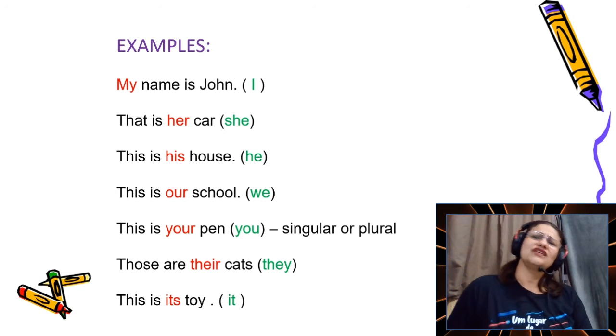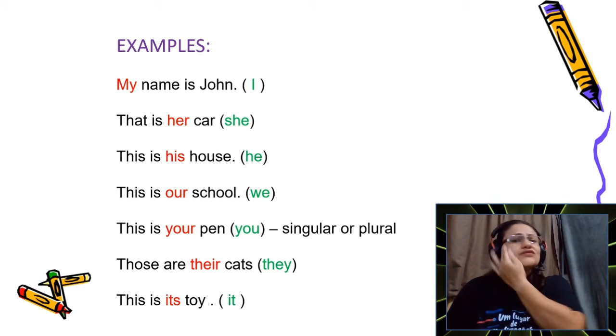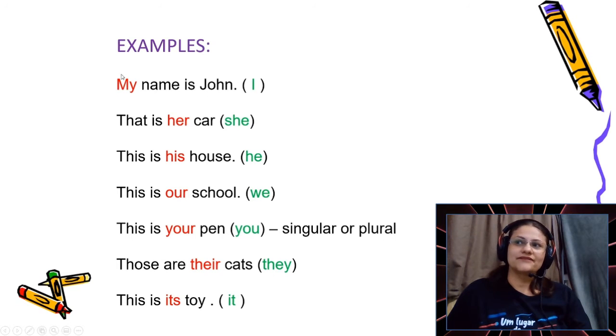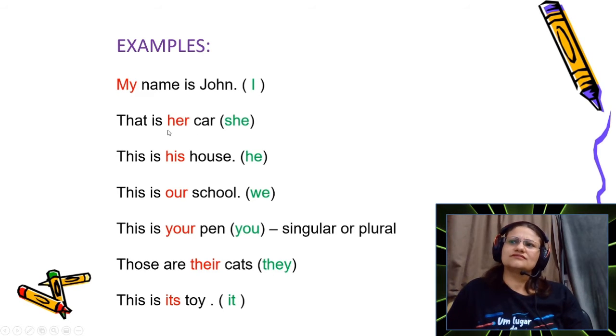So guys, we have here a few examples. Let's see. My name is John. My, I. That is her car. She.